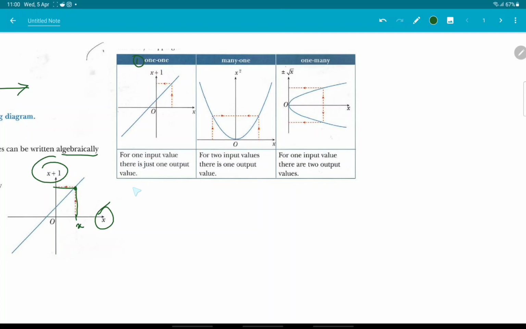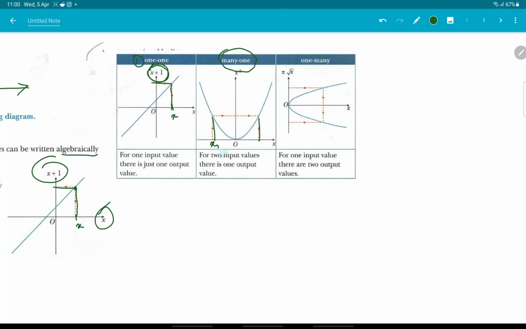If you substitute x, it will give you a value of x plus 1, and the value of x plus 1 must be unique. We also have the many-to-one relation. It means that for two input values there is one output value.